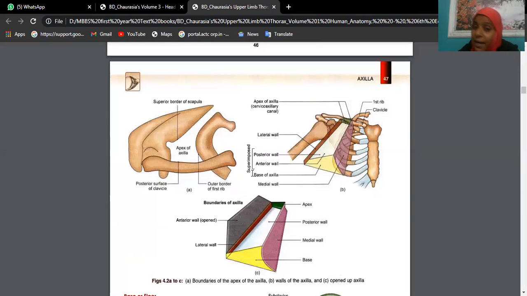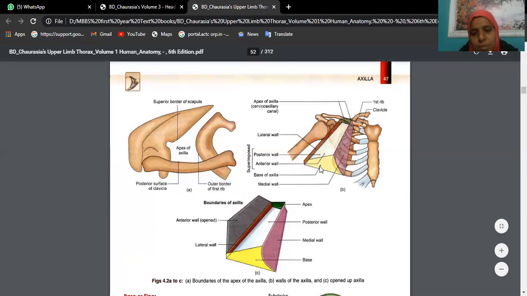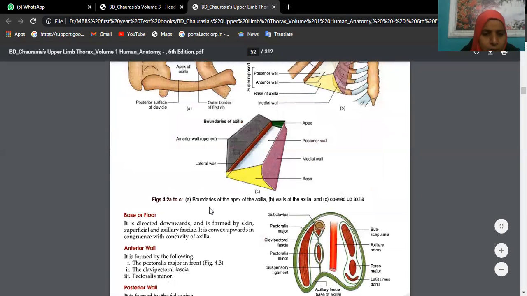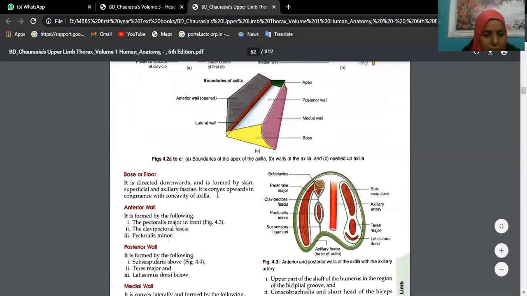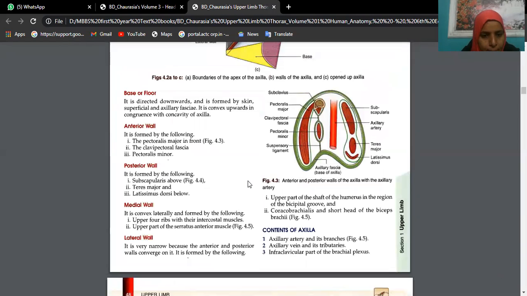The lateral wall is formed by nothing but the convergence of the anterior and posterior walls. And the medial wall is formed by the upper first 4 ribs. So these are the boundaries we have. You just read once, you will definitely come to know the boundaries.